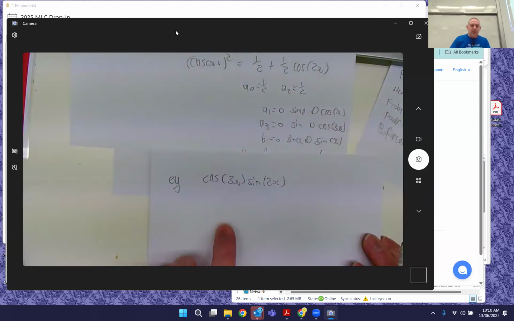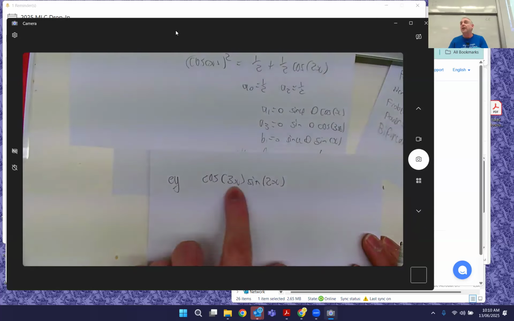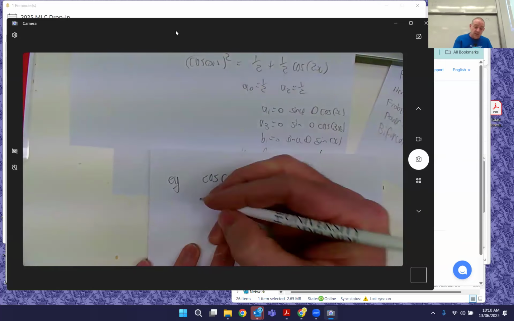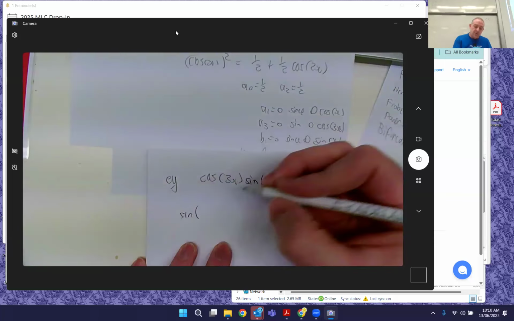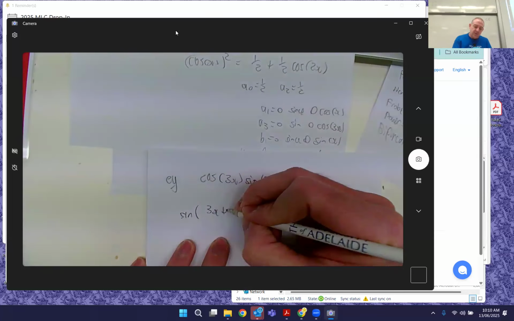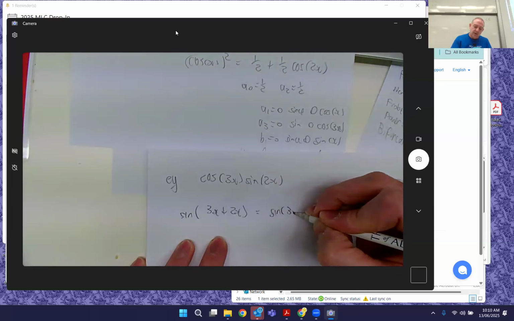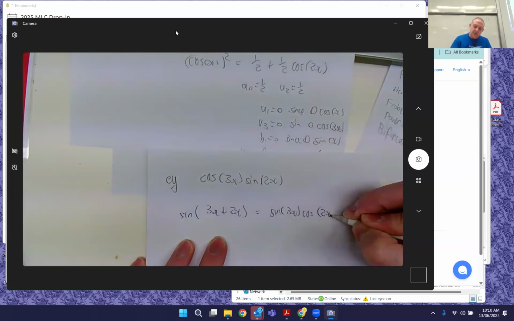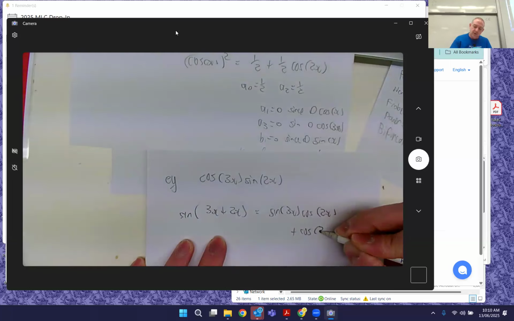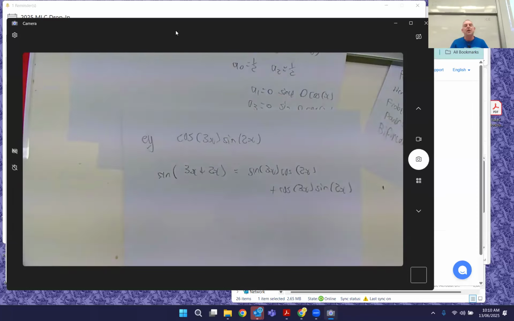So there is a trig identity that involves things like this, and it goes like this. Sine of 3x plus 2x is sine of 3x cos of 2x plus cos of 3x sine of 2x. That's the sine addition formula for angles.